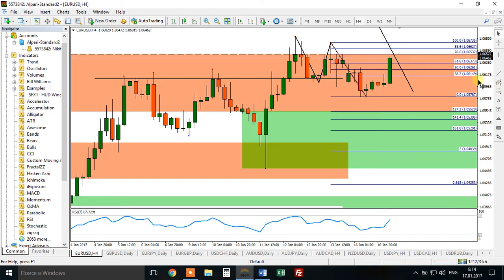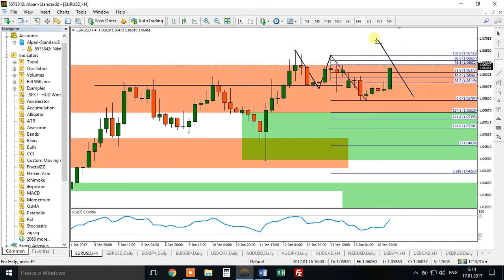So the stop loss should go here, above the highs, 1-to-1 measured movement. This is the stop placement. You see, and this is the target, and this is the stop loss. At least 1-to-1. Okay, so the 2618 is on your radar.